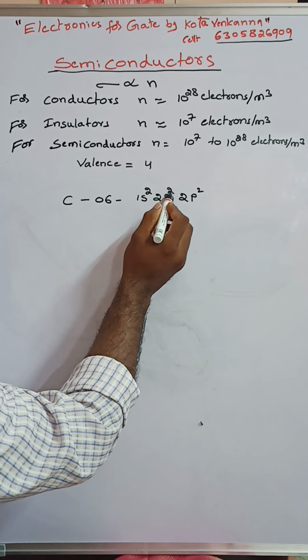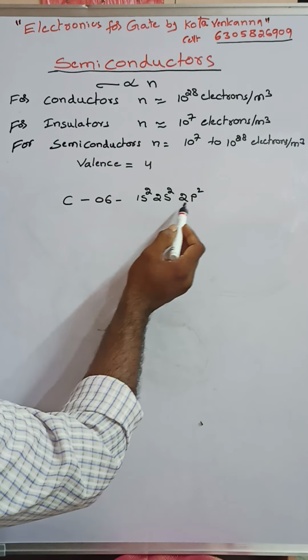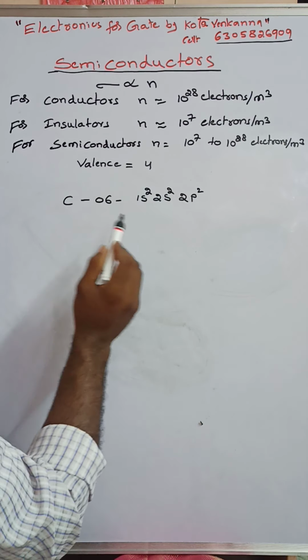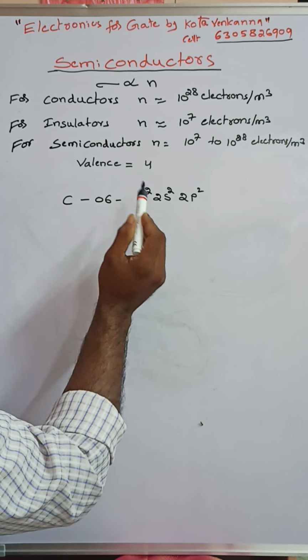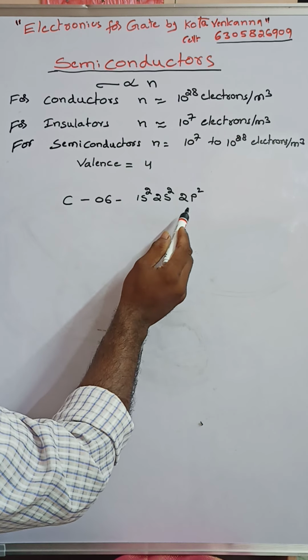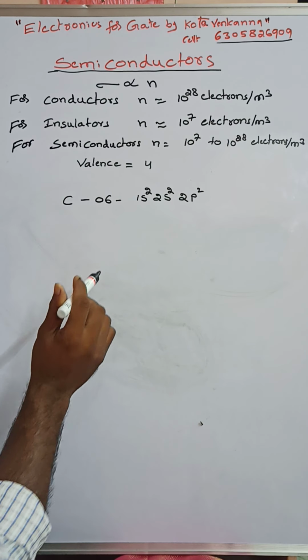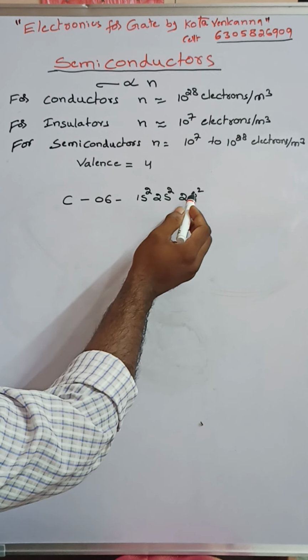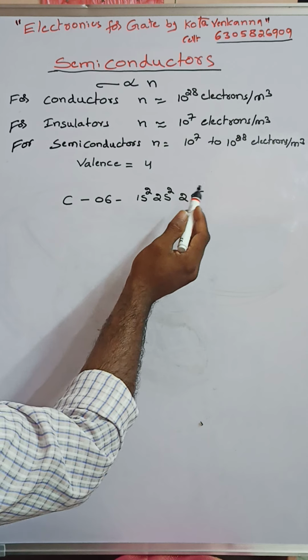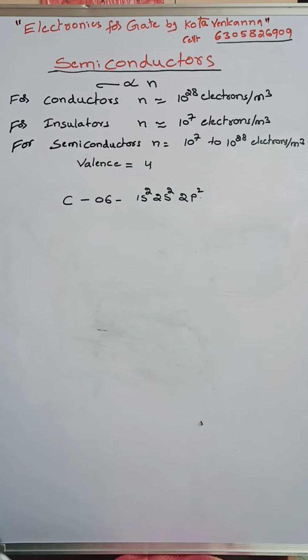The s orbital is filled with 2, but the p orbital needs to be filled with 6, and here only 2 is there. So 4 is the number of valence electrons.